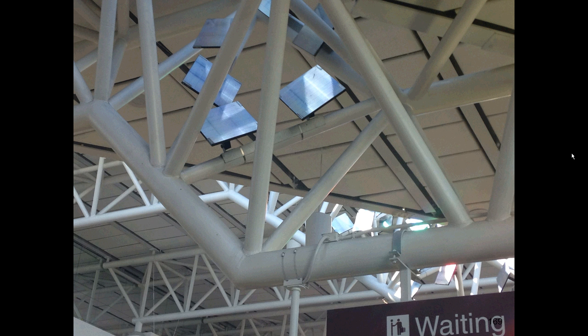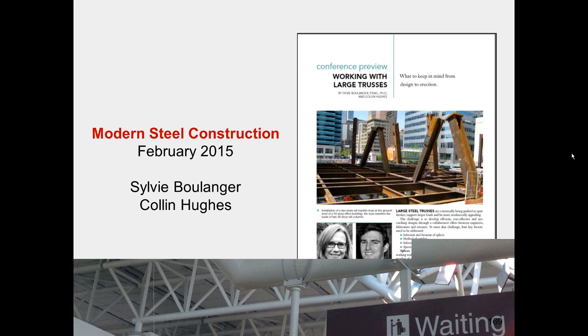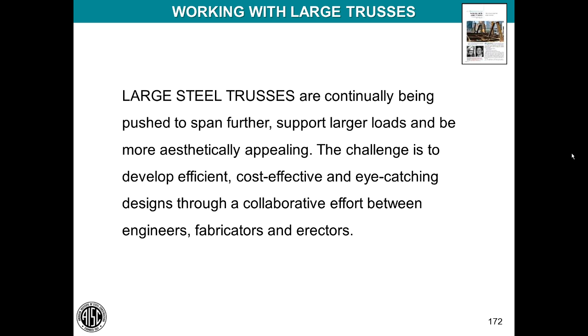And some quotations from that article. Large steel trusses are continually being pushed to span further, support larger loads, and to be more aesthetically appealing. The challenge is to develop efficient, cost-effective, and eye-catching designs through a collaborative effort between engineers, fabricators, and erectors.